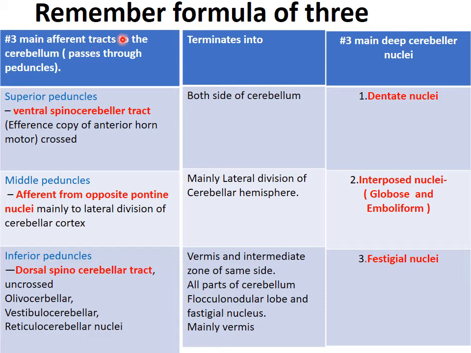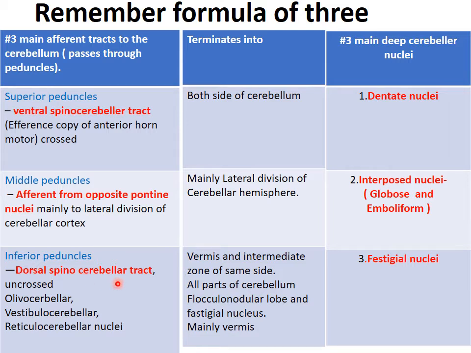There are 3 main afferent tracts which come to the cerebellum or pass through the peduncles. Through the superior peduncle, we find the ventral spinocerebellar tract. Through the middle peduncle, afferents from the opposite pontine nuclei. Through the inferior peduncle, the dorsal spinocerebellar tract.